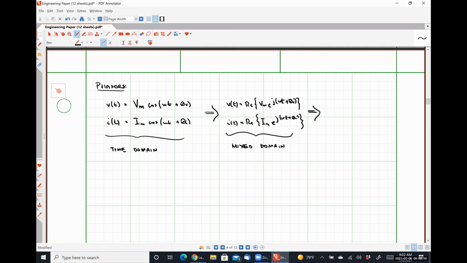So electrical engineers have come up with a shorthand notation that represents that same time domain signal as a complex number. I'm going to call it V bar, my voltage phasor, which is simply Vm with an angle theta v.